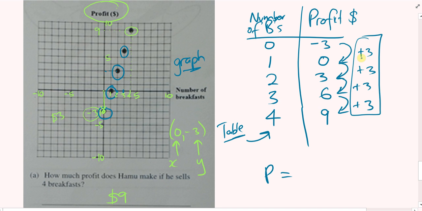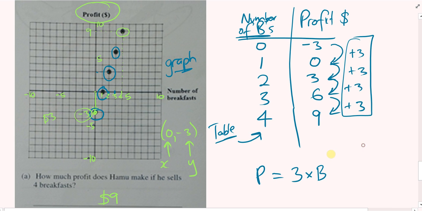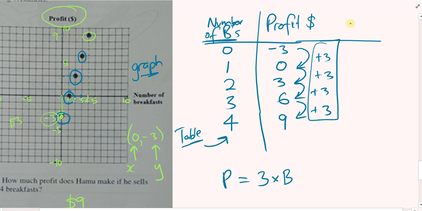So profit, if we were to work out the profit, remember that if this number is the same each time, that number is going to multiply the pattern number, or the number of breakfasts in this case. So 3 times B, let's call that B for breakfast. Let's just quickly work that out.